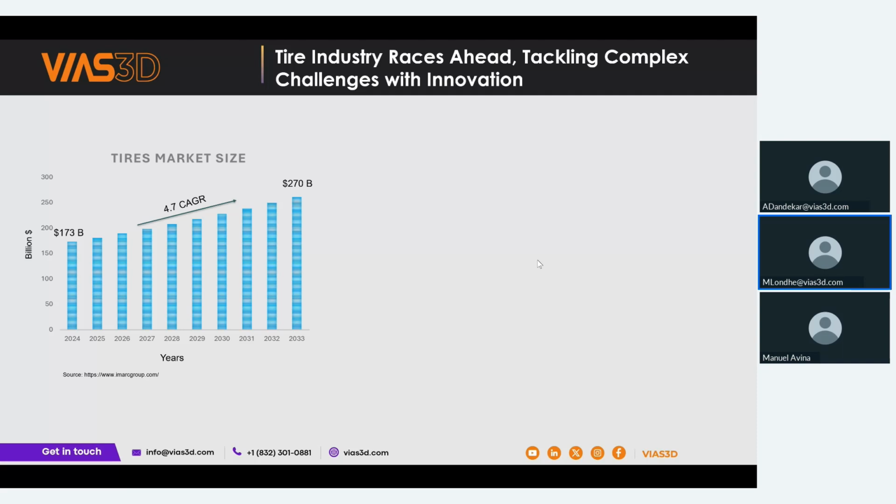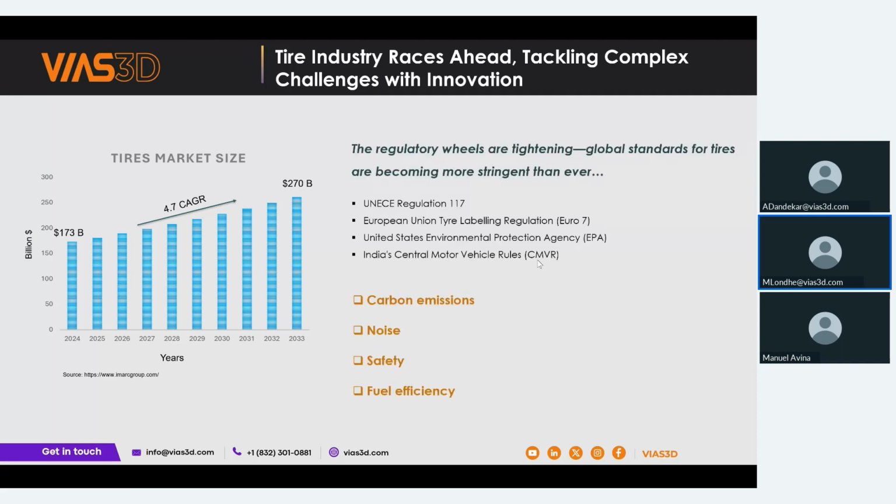But it is not just about the growth, because at the same time, the regulations and norms are becoming more stringent than ever, like UNECE Regulation 117, Euro 7, EPA, or in India, CMVR. All these norms aim to develop sustainable products, such as to reduce carbon emissions or reduce noise, and increase safety and fuel efficiency.